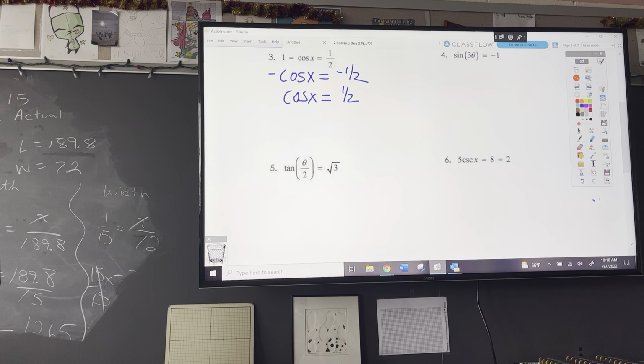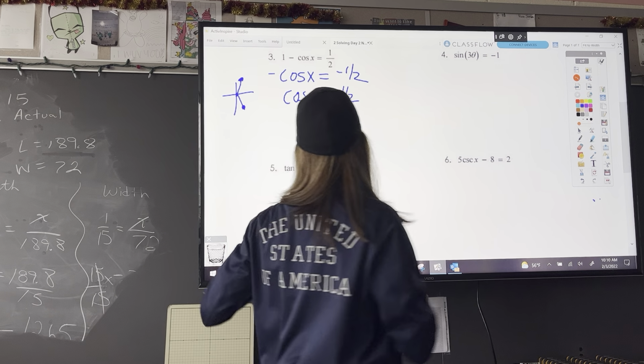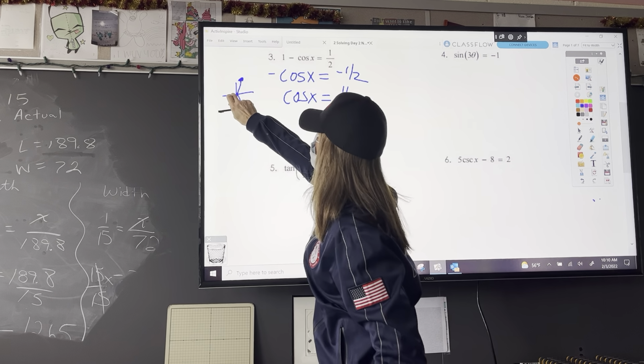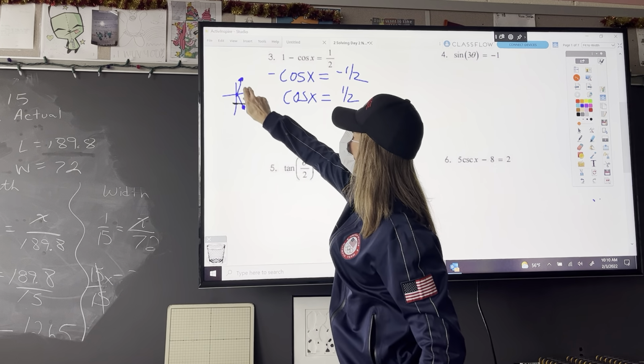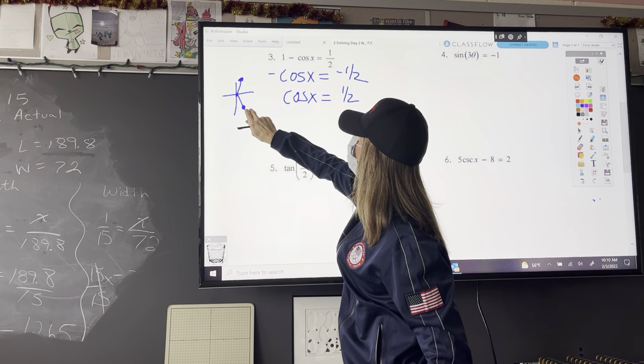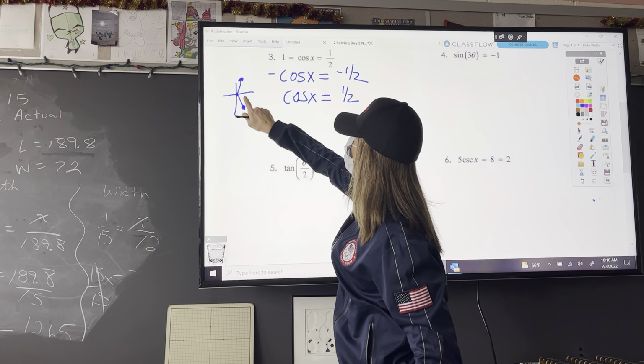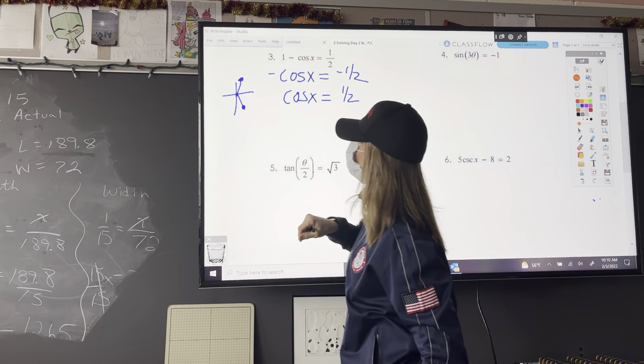Where does cosine equal 1/2? We've got tall angles in more than one quadrant. Because x is positive, cosine is positive in the first quadrant and also the fourth quadrant. So the cosine of x is 1/2 in quadrant 1 and also quadrant 4.